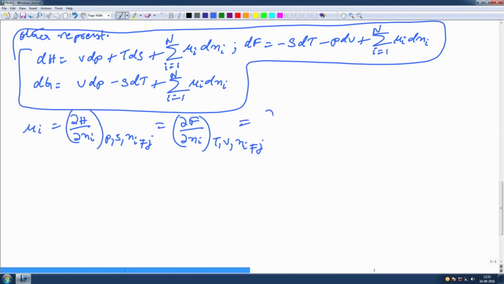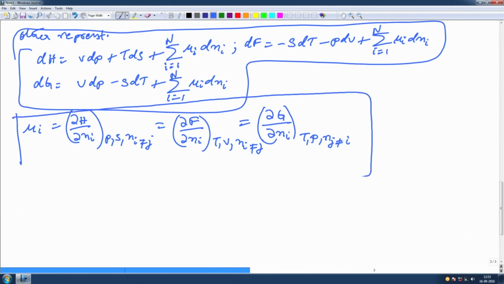This is also equal to dG/dN_i for constant T, P, N_j not equal to i. So, all these are possible representations for the same thing essentially.